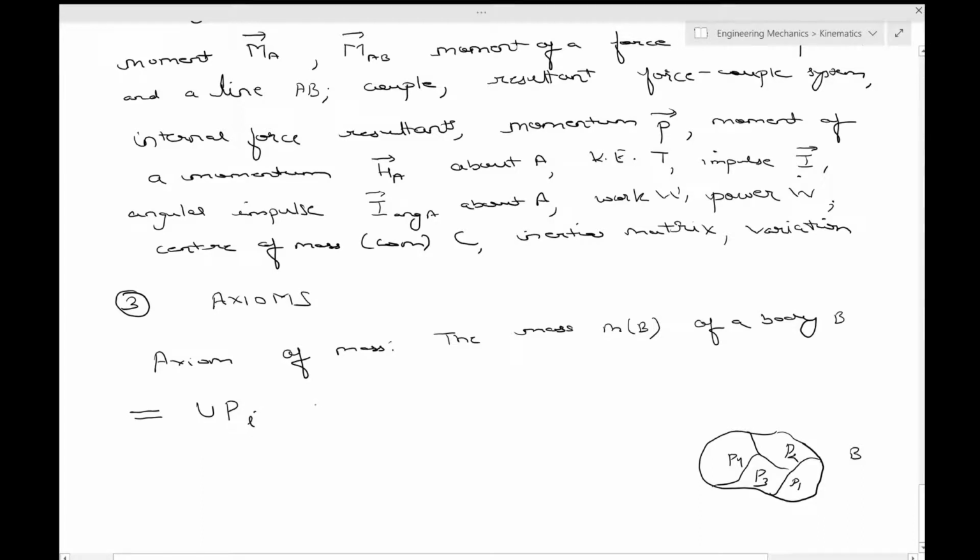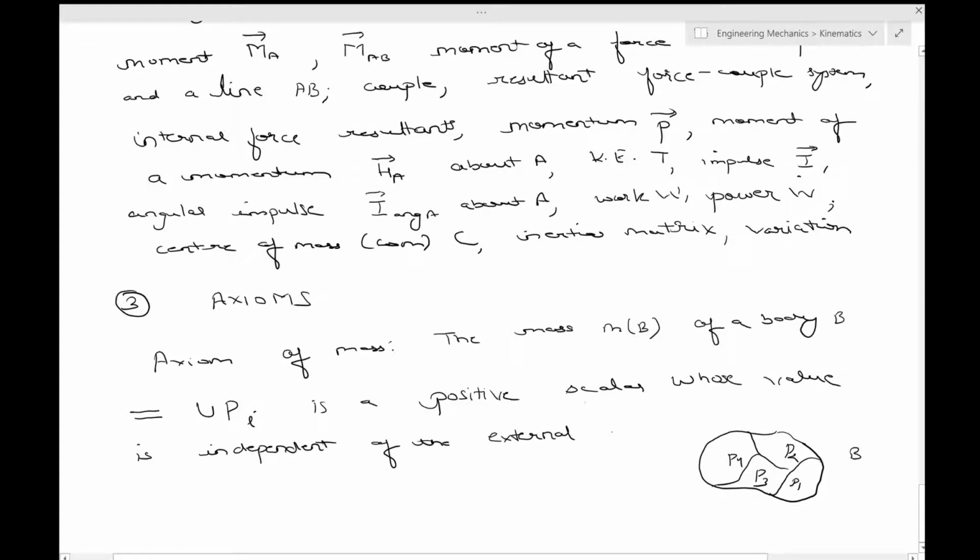So the mass of this body is a positive scalar whose value is independent of the external actions on the body.